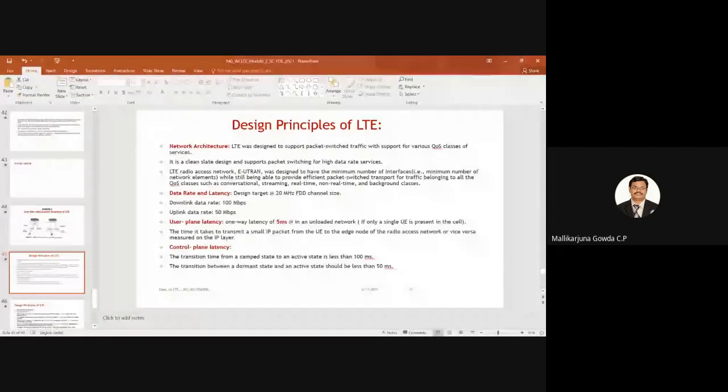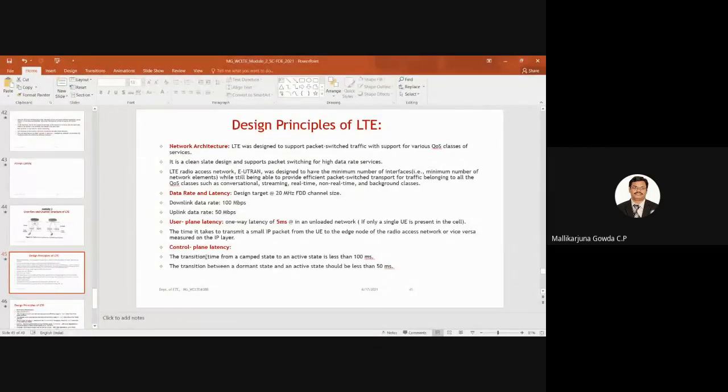User plane latency is about the user data: what is the time it takes to transmit the smallest IP packet from the user equipment to the edge node of the radio access network, or vice versa, from the radio access network to your user equipment.